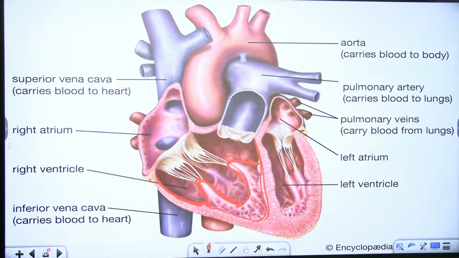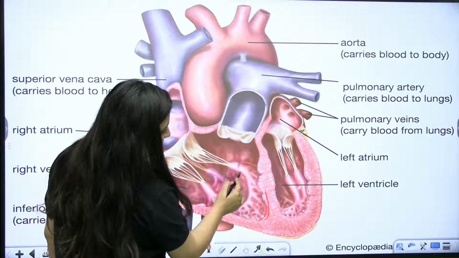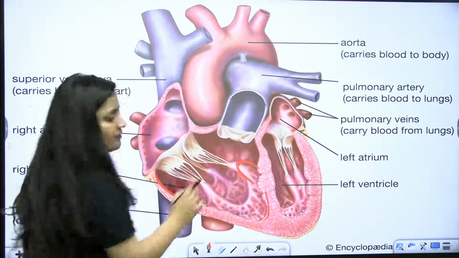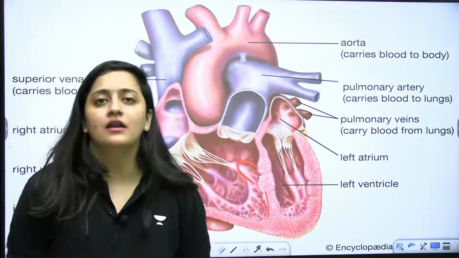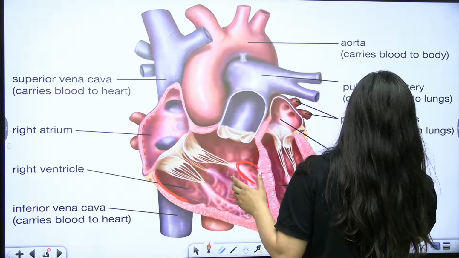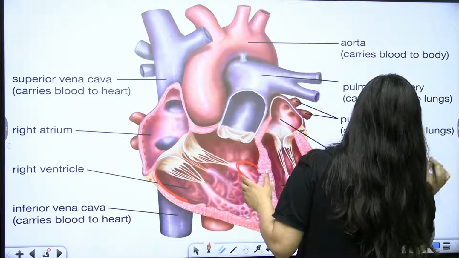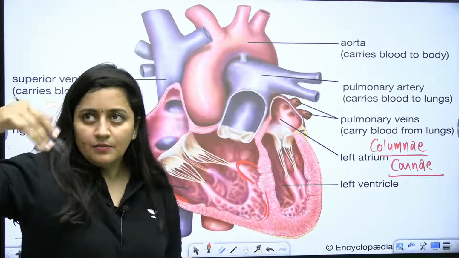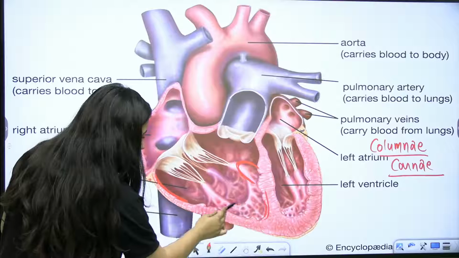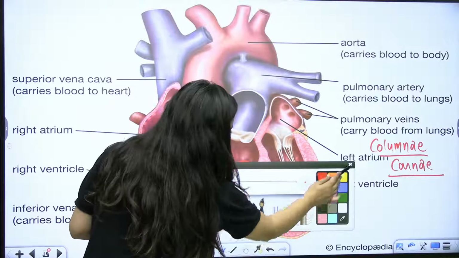Actually, in these ventricle walls, you will see certain elevations, which are known as columnae carneae. That's the word. Some projections are quite long, like this, triangular kind of. Look at this.